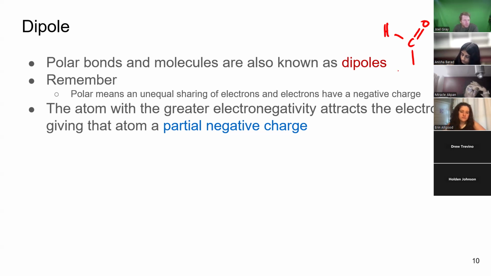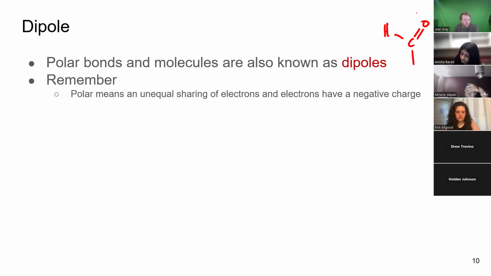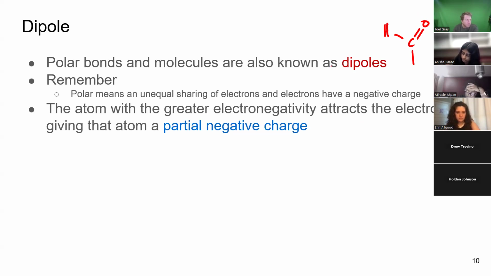Okay, looking at this business end of an aldehyde, the atom with the greater electronegativity attracts the electrons, giving that atom a partial negative charge. I think almost everyone would agree, based on what we've just been saying about nitrogen, oxygen, and fluorine, this oxygen's got lone pairs of electrons, so that's where our partial negative charge is going to come in. Now, this is just to jog your memory a little bit. That partial negative charge, I'm not intending to ask this as a trick question, but is that a negative charge?